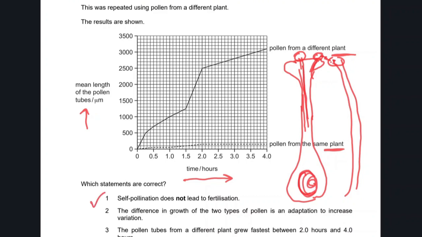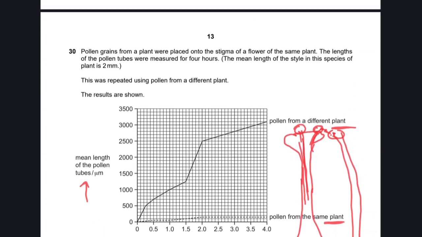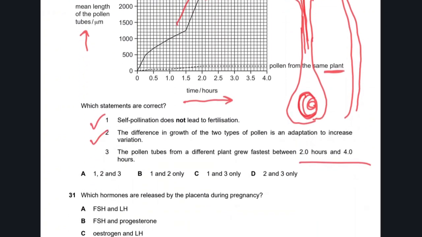The difference in the growth of the two types of pollen is an adaptation to increase variation. This is also right. The pollen tube of different plants grows faster. We don't know that, because if we use any other different plant, maybe it grows faster or not. We have no idea about the pollen from a different plant. So B is the right answer.